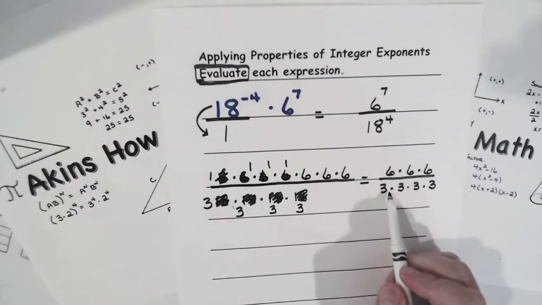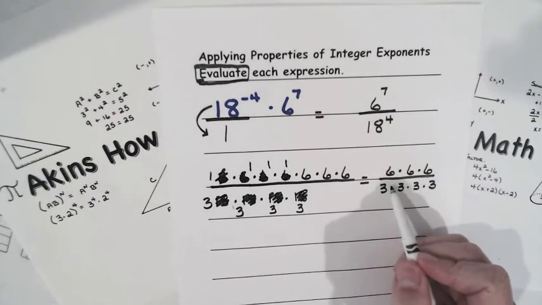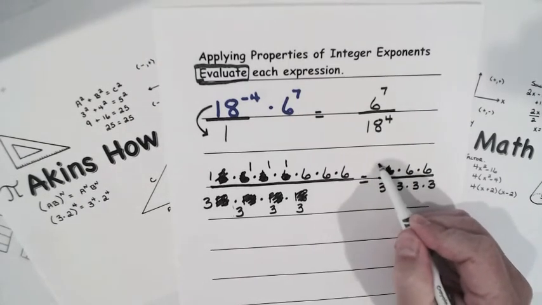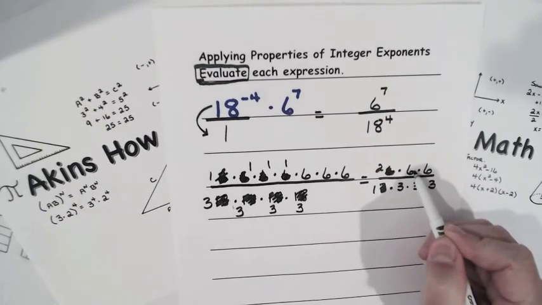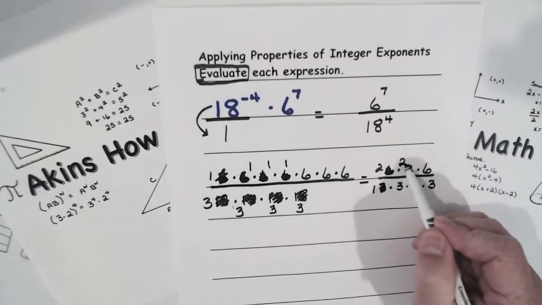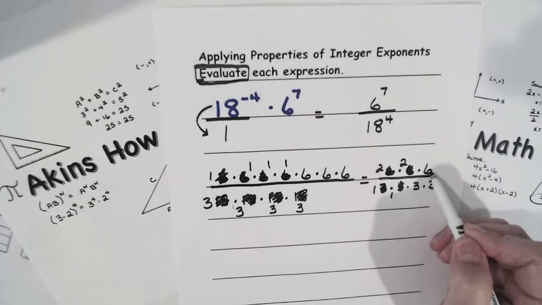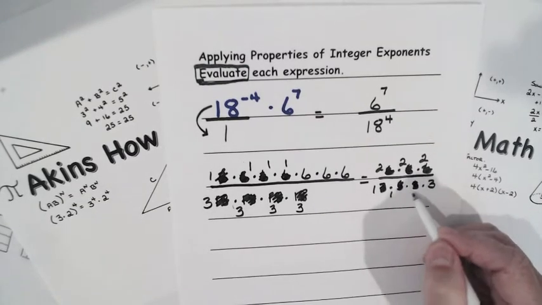This is going to be 6 divided by 3, or what's the biggest number that will go into 6 and 3? 3. 6 divided by 3 is 2. 3 divided by 3 is 1. Same thing here. 6 divided by 3 is 2. 3 divided by 3 is 1. 6 divided by 3 is 2. 3 divided by 3 is 1.